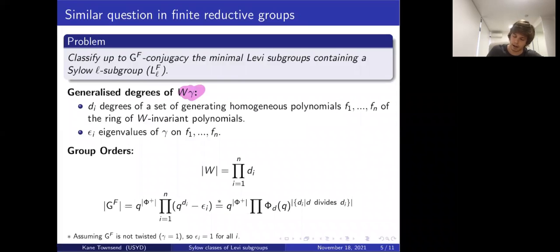But the important point is that this formula here, you can factorize in terms of cyclotomic polynomials in q. And in particular, if we're talking about a trivial reflection coset, where gamma is 1, all the epsilons are 1. And so we can get this nice formula for the order of GF.